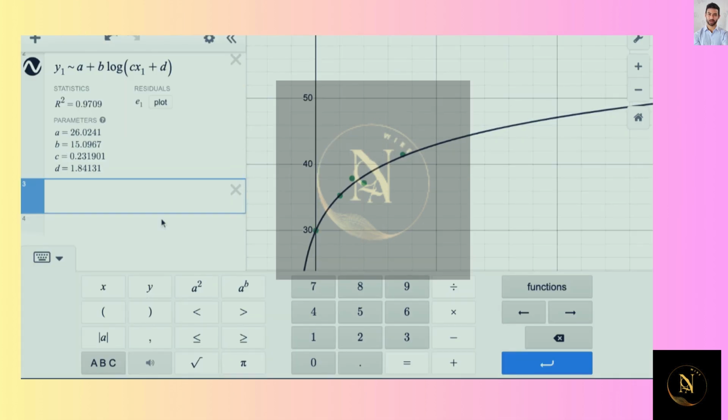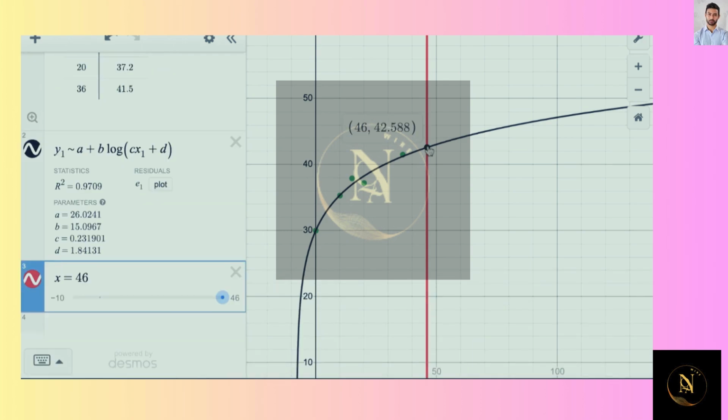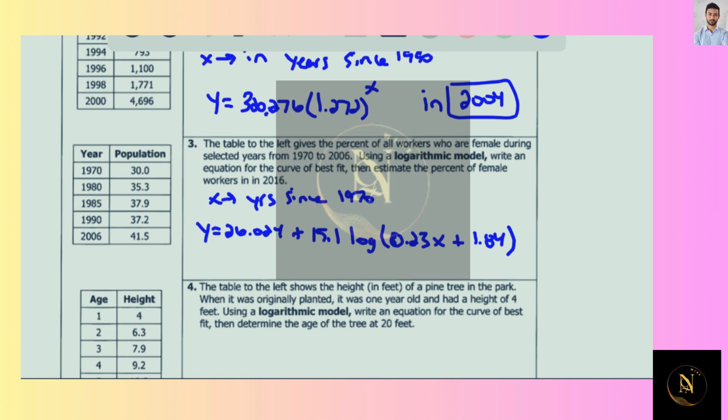And so we can say, when is x equal to 46? And that is 42.6. And that would be the percent of the population.